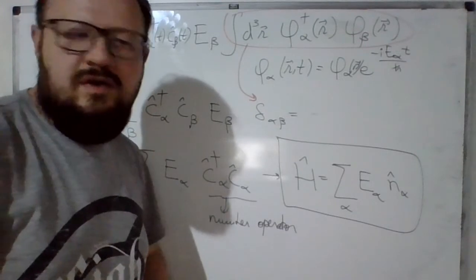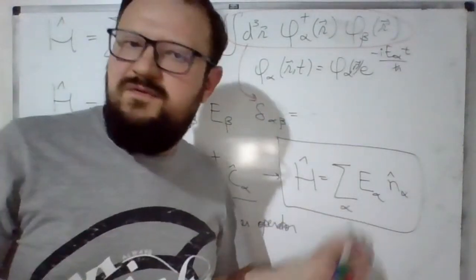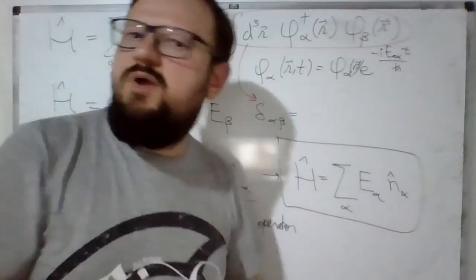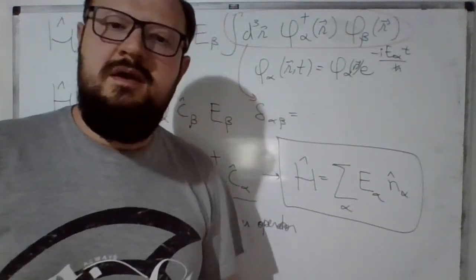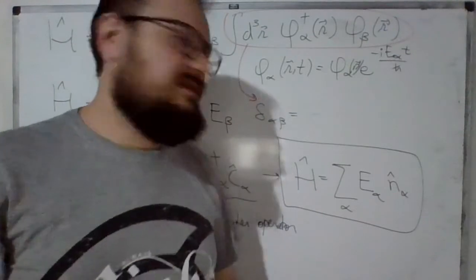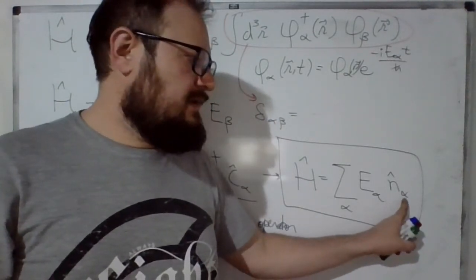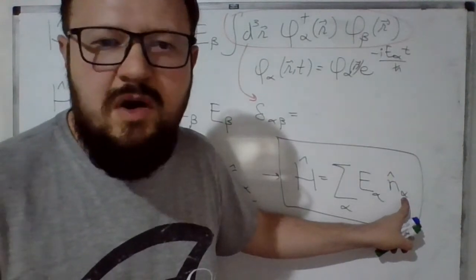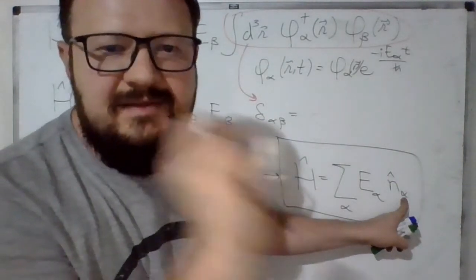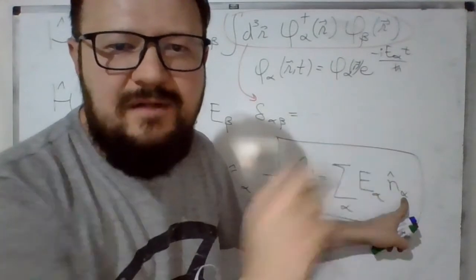Notice we are doing it for electrons, but it could be for bosons. So for bosons, the form is the same, okay? The only distinction is that for fermions, given alpha, you can put 0 or 1 particle at that set of quantum numbers, alpha.